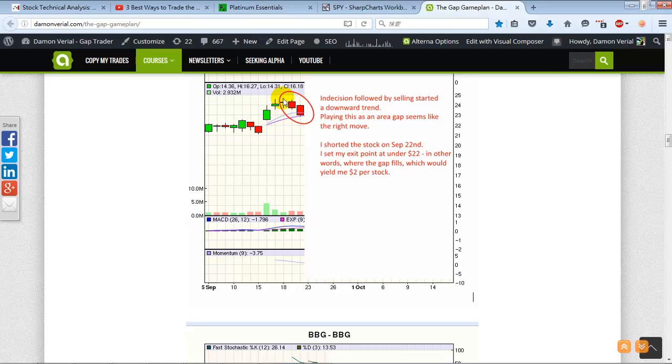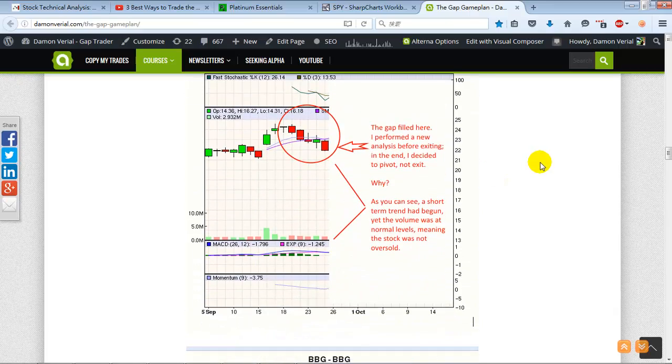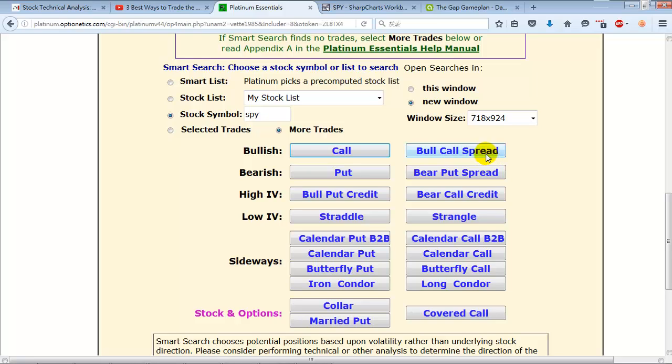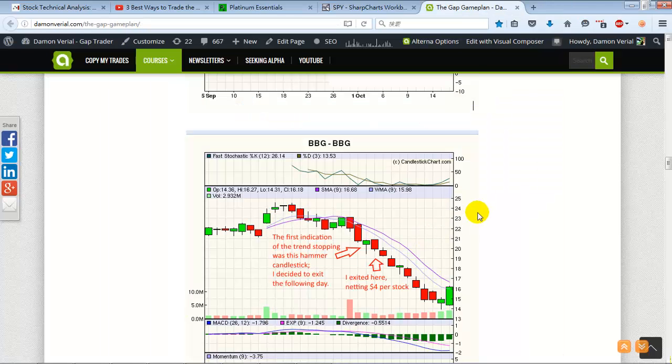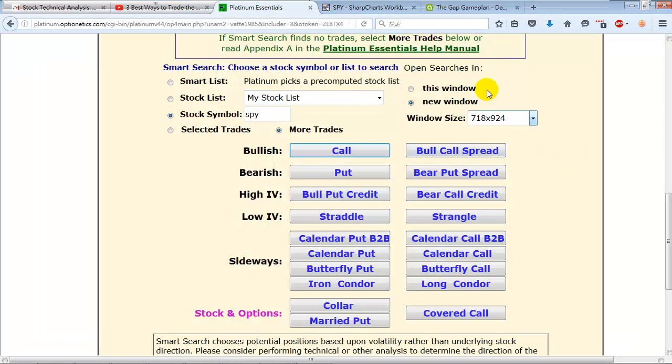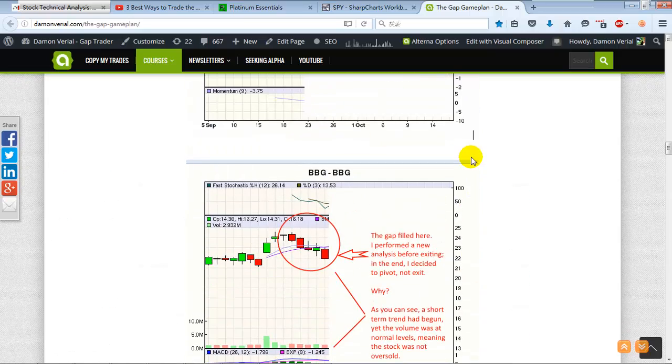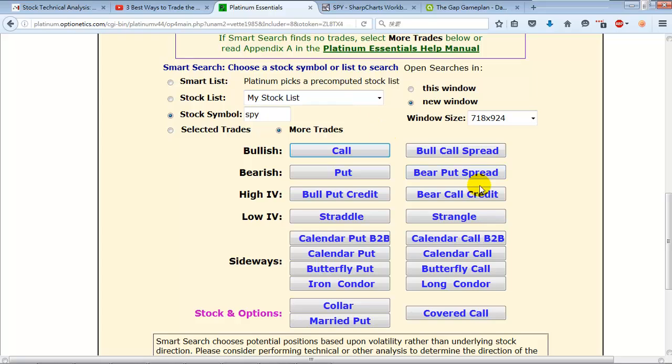You find where to enter, and then from that debit spread, it's called a call spread or put spread here. I call it a debit spread. These two things work really well together because from the area gap, you know where the gap is going to fill, and from the debit spread, you know where your profit caps out.